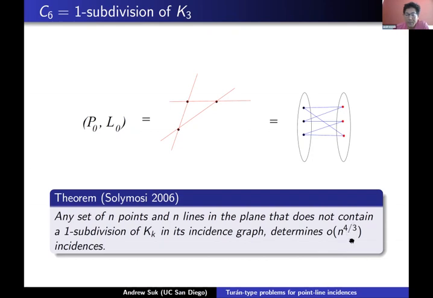It's not known if you can still significantly improve this upper bound further. For example, it's not known if you can improve this upper bound to n to the 4/3 minus epsilon.